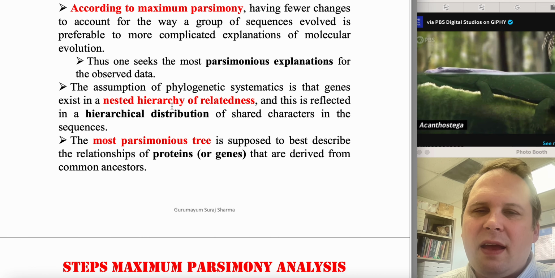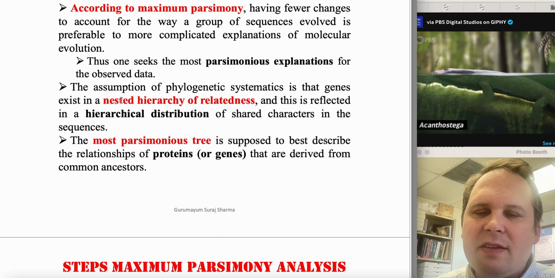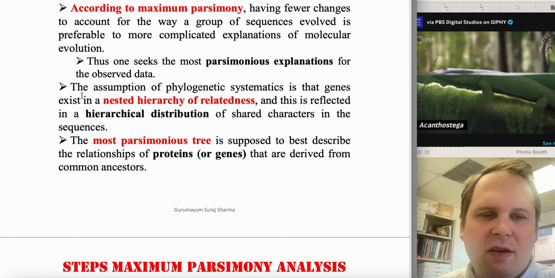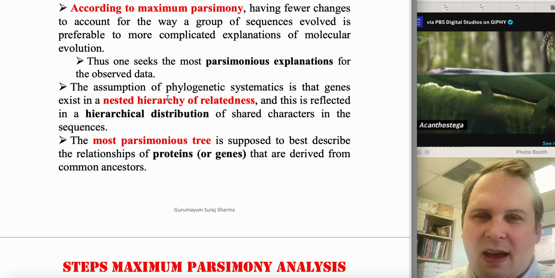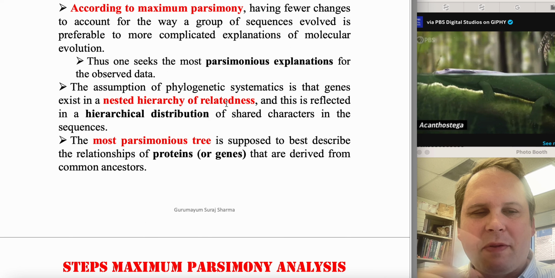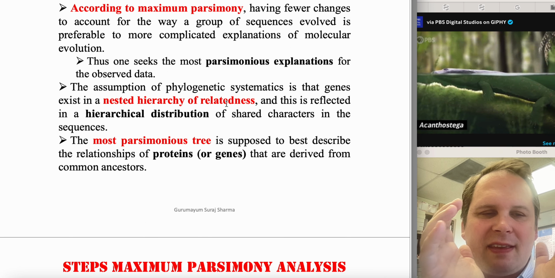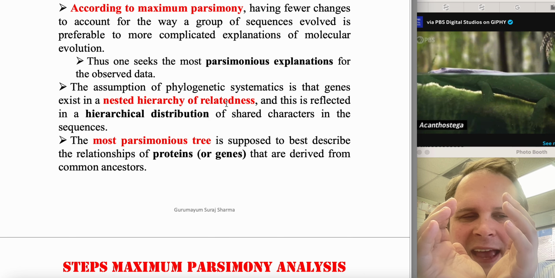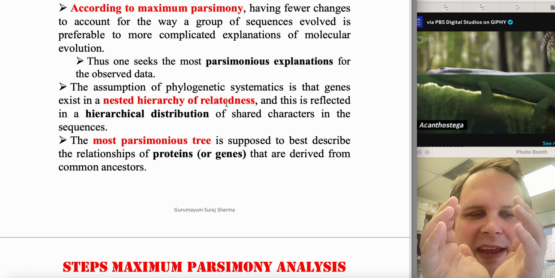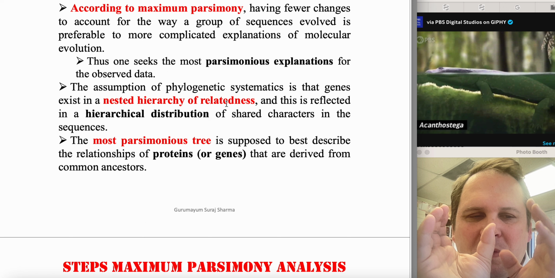So we're going to assume that all these sequences exist in some kind of nested hierarchy of relatedness. That's like in the previous example where we had the parentheses saying these guys are in a little nest together. They're the closest. And then if we put the next bigger nest out there, it would be these two plus this one.